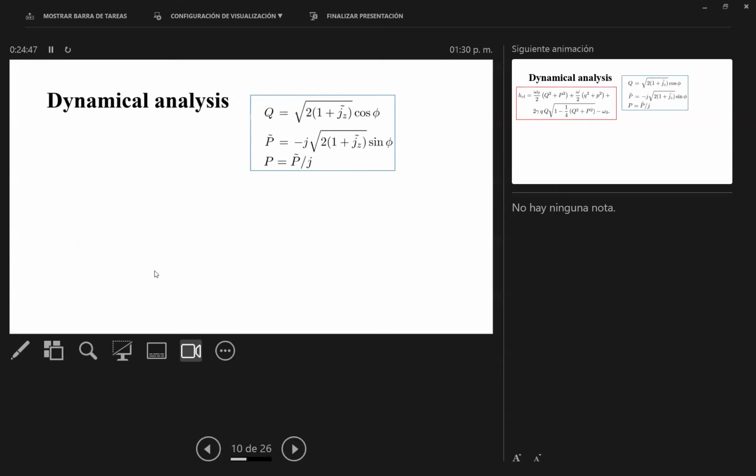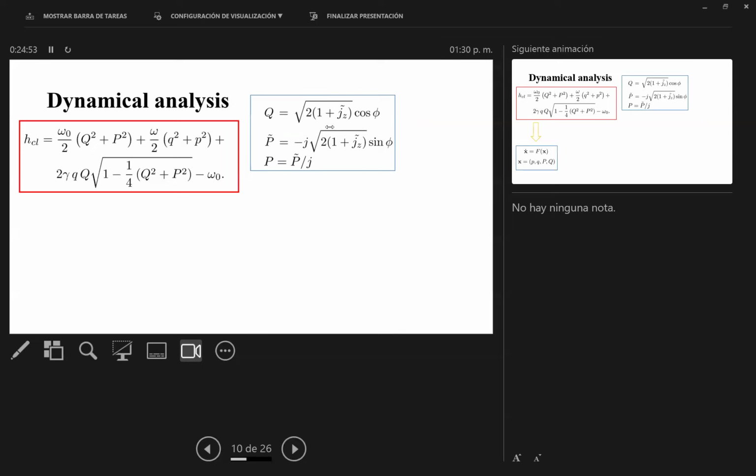Now, something about the classical dynamics. First, I will change the variables just to write the previous Hamiltonian in a more friendly notation, because it's useful to represent the system as two oscillators with a nonlinear interaction.